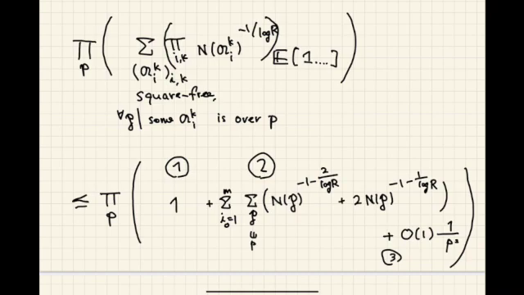And of course, if P divides W, there are much fewer terms, namely these terms and these terms are not here. But since I am talking about inequalities, let's write it this way.